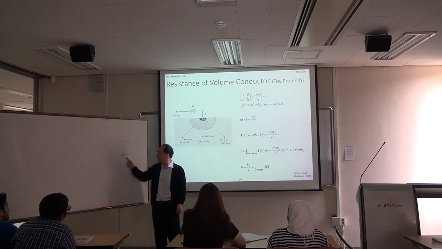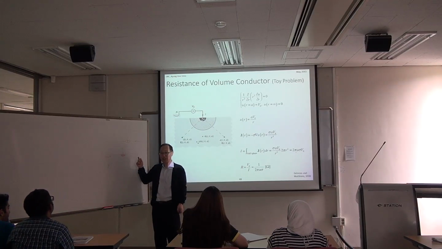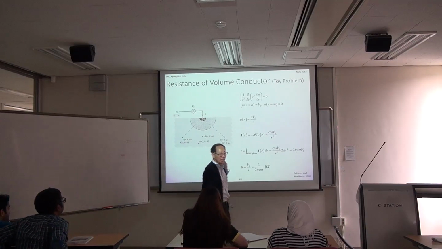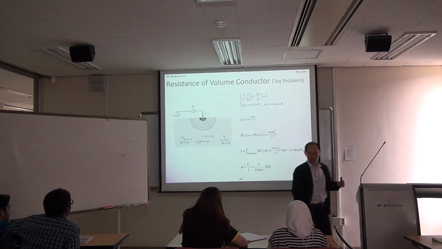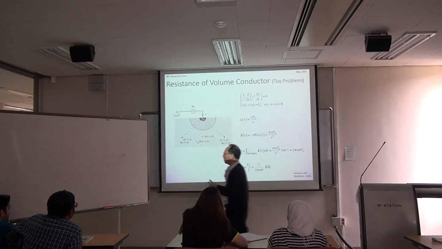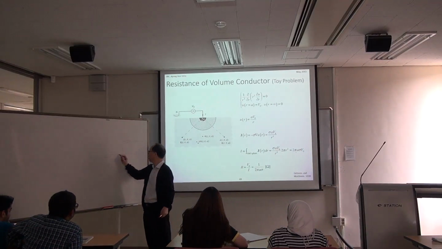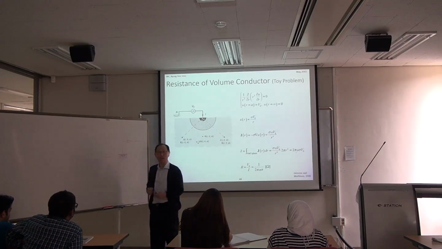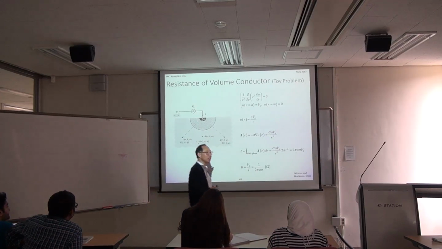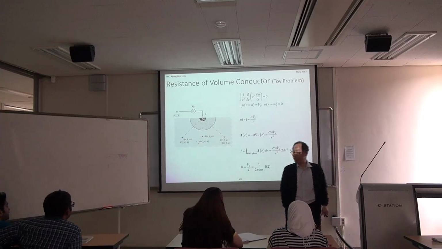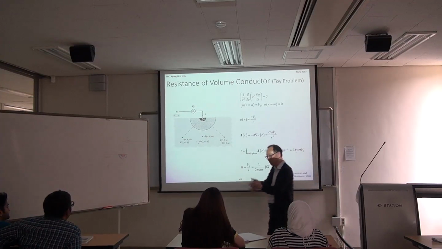Is there any reason why current will flow more vertically rather than horizontally? There is no reason for any directional preference. So current will escape very uniformly through all directions. There is no concentration of current in this case because it's a sphere.